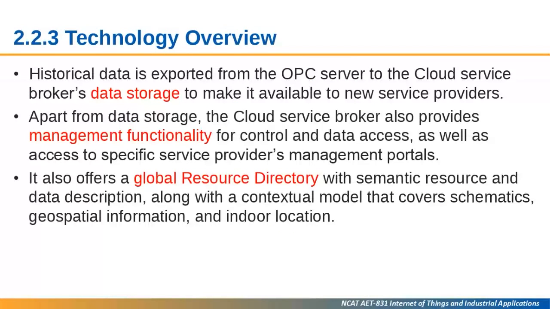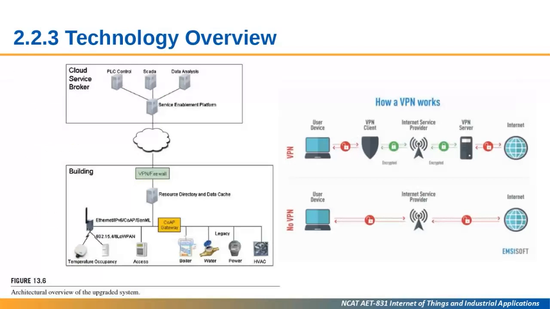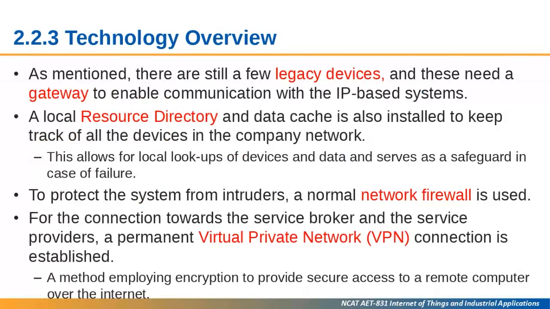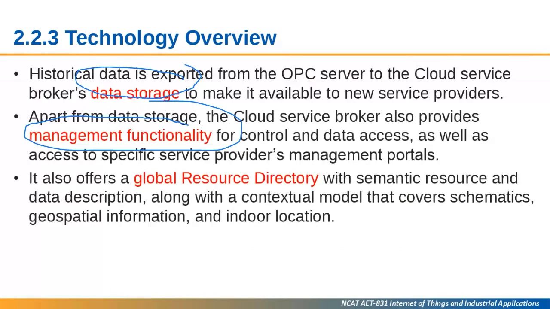The apps on the cloud deal with several things, including the data storage, the functionality management, and also a global resource directory with semantic resources and data description. Basically, it helps to organize the data.